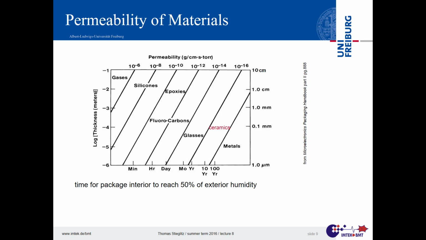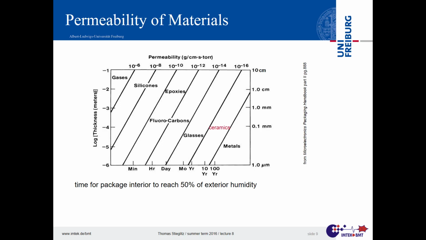On the left y-axis, this is a logarithmic scale, and this logarithmic scale is translated into a metric scale on the right-hand side. And the permeability is in grams of water per centimeter, second, and torr. It's really a very strange assembly of units.